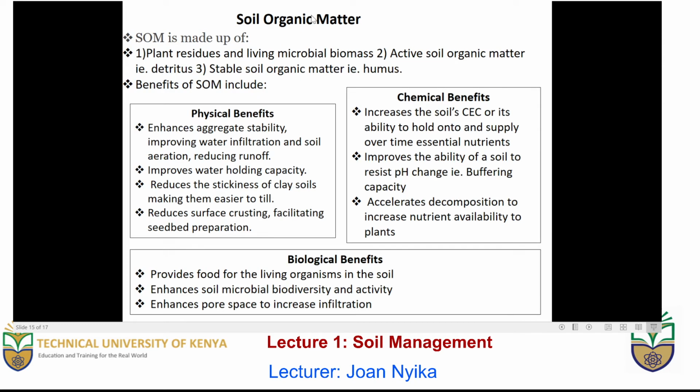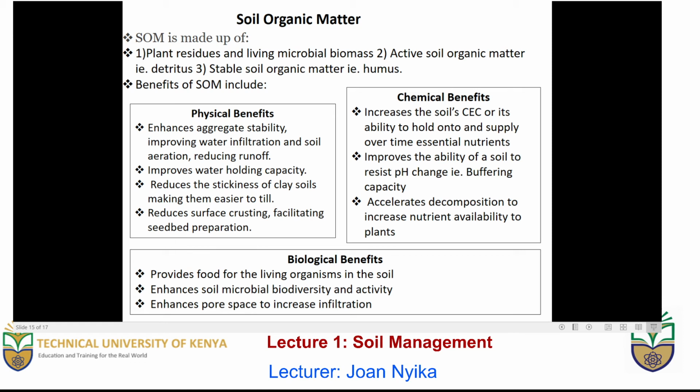The other very important aspect we will look at throughout this course is what we refer to as soil organic matter. Soil organic matter is made of plant residues and living microbial biomass. It is what we refer to as humus or soil organic matter that is found on the O horizon of the soil profile.